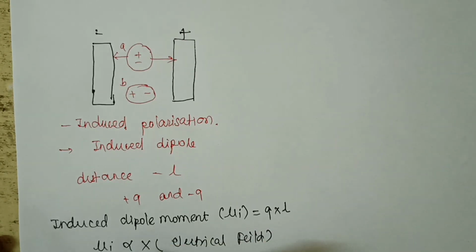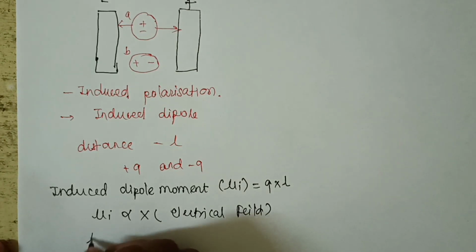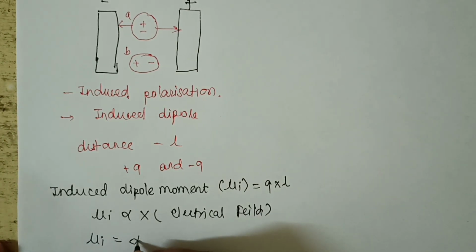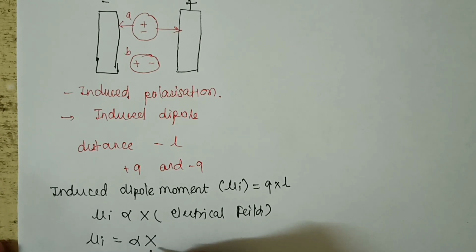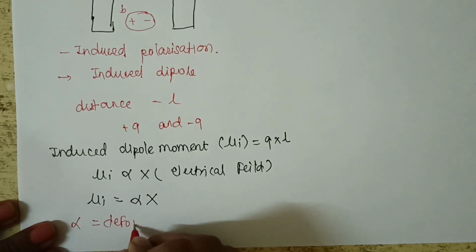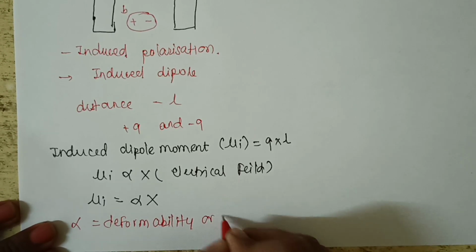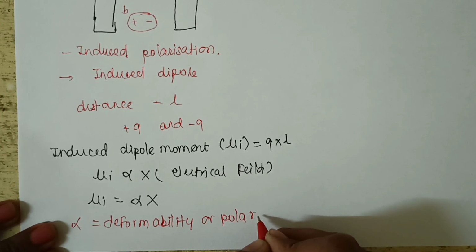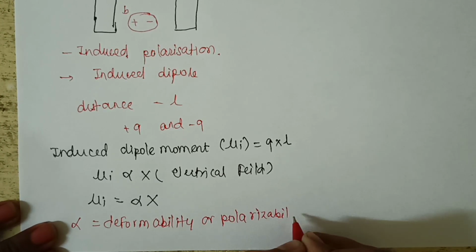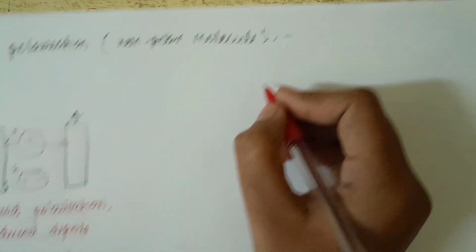To remove the proportionality constant, we introduce a new constant, alpha.